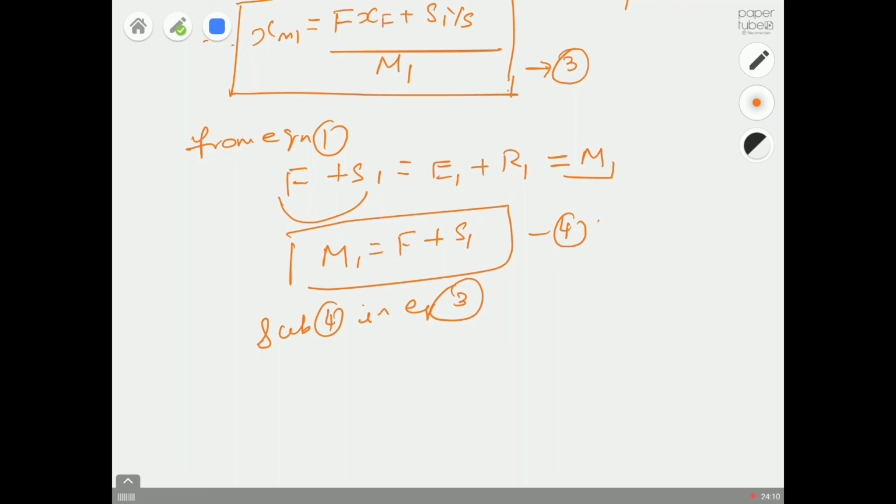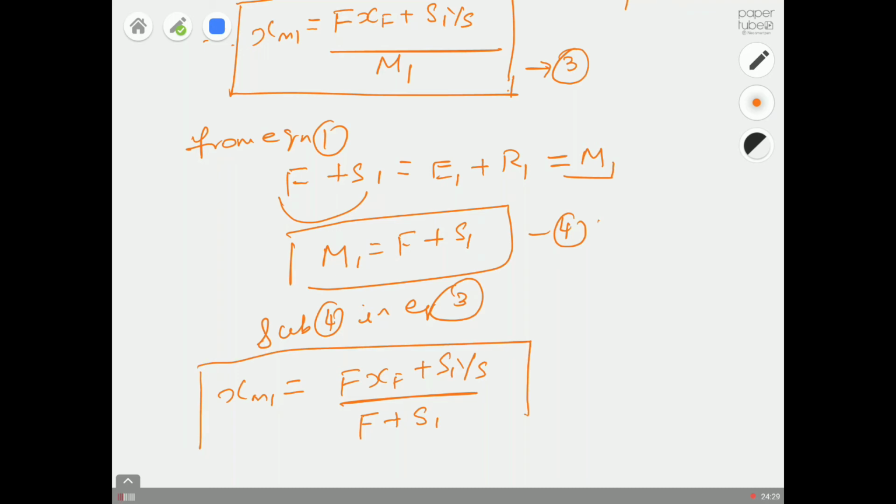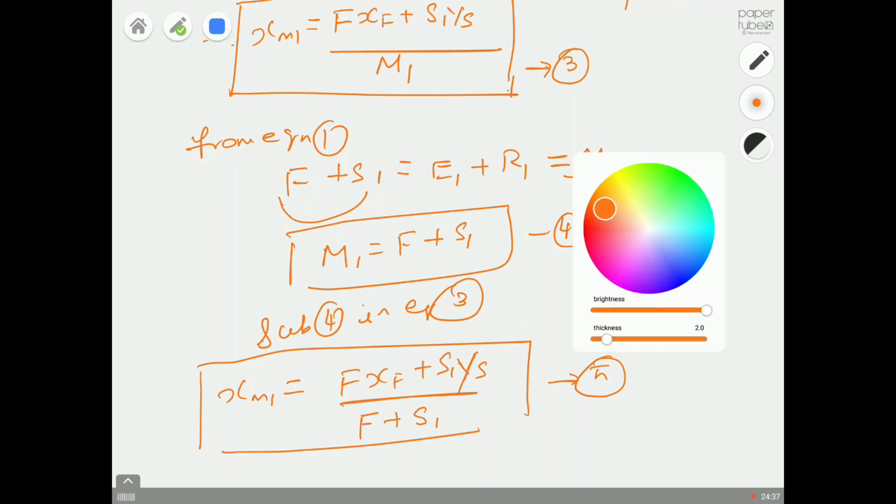So when we substitute equation 4 in 3, we will get xm1 is equal to fxf plus s1 ys divided by f plus s1. Let's give this as equation 5.